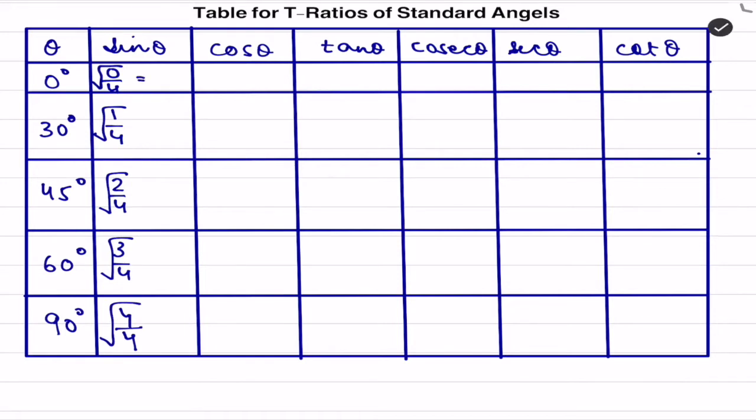So, 0 divided by 4 is 0 and the square root of 0 is 0. 1 by 4, square root is 1 by 2. Square root of 1 is 1 and square root of 2 is root 2. Next, root 3 and the square root of 4 is 2. And this is 4, and 4 upon 4 is 1. So the square root of 1 is 1.